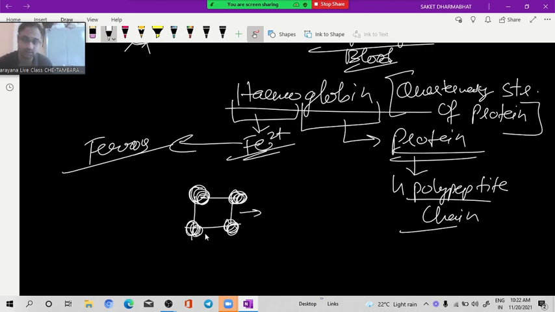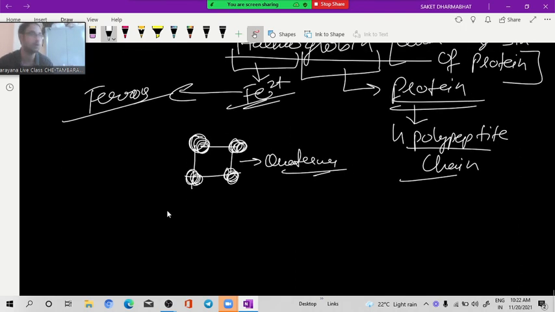This is the quaternary structure of protein. So if we talk about hemoglobin, there are four polypeptide chains: alpha, beta, 2 alpha, gamma and delta. Four polypeptide chains are there.